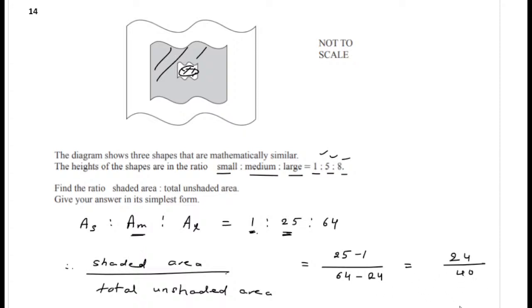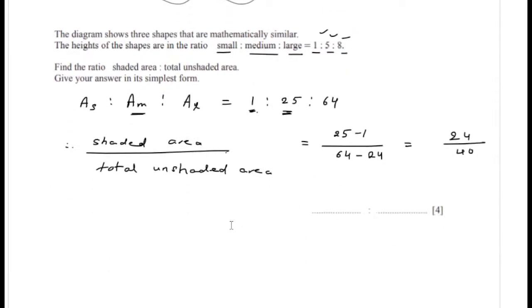Okay, so 24 ratio 40. Let us recheck: your shaded part represents 24, and your unshaded part, out of 64, if 24 is shaded, so I will subtract that 24. Okay, so it's 40. Perfect.